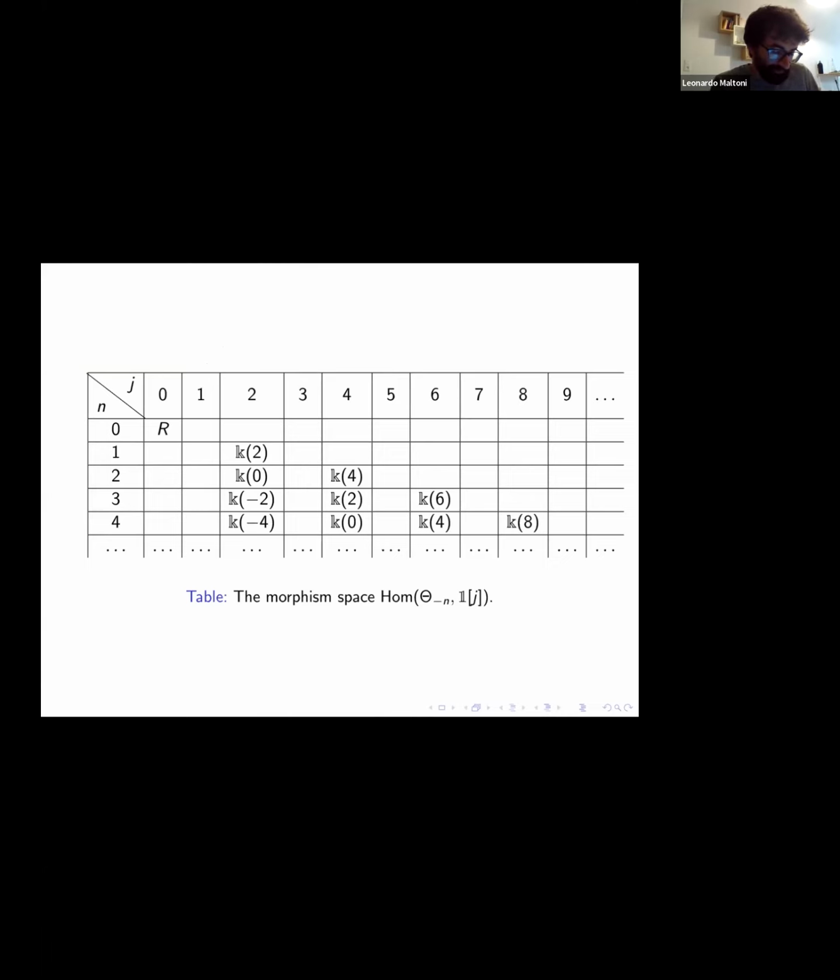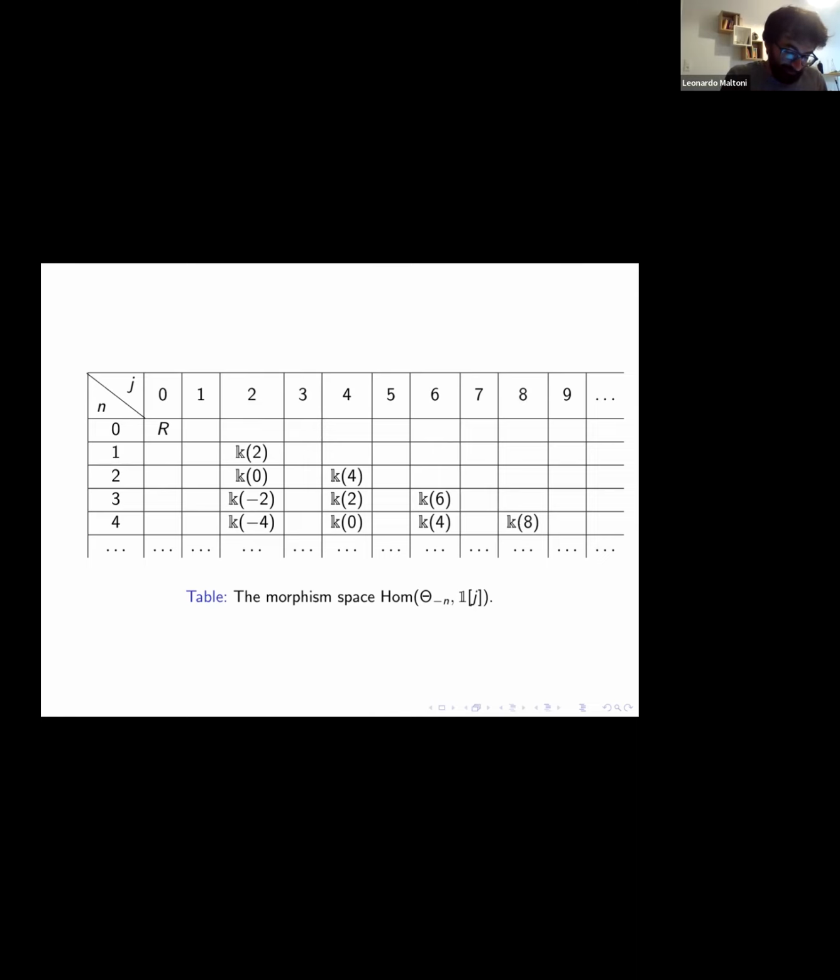So you can see the rows correspond to different values of n, because the coroots are just the integers in this case. And we can reduce to the case of a negative integer theta towards the unit, thanks to the properties of Wakimoto sheaves and Rouquier complexes. And each column corresponds to a cohomological shift.